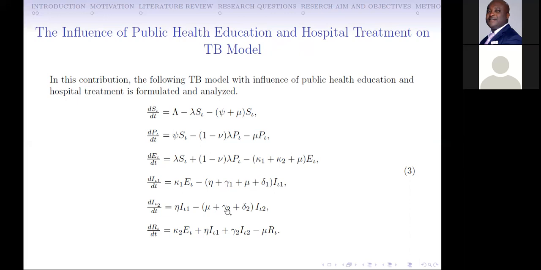Gamma 2 represents the rate at which individuals receiving treatment in the hospital progress to the recovered class, while delta 2 represents the death rate of individuals receiving treatment in the hospital.